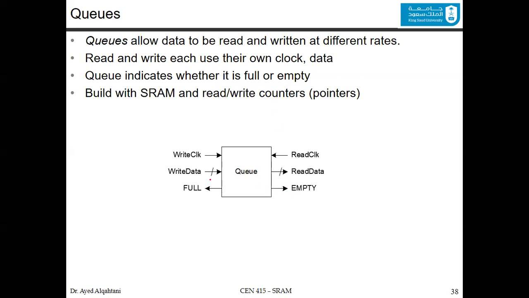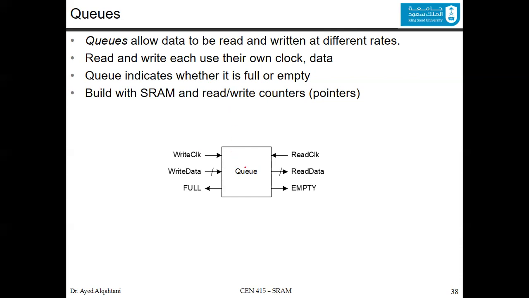You have empty and full, and you have a write clock and read clock, as we said before. And you have the data. You can write the data inside the queue or read them from the queue. Built with SRAM, and the read or write were counters or pointers.